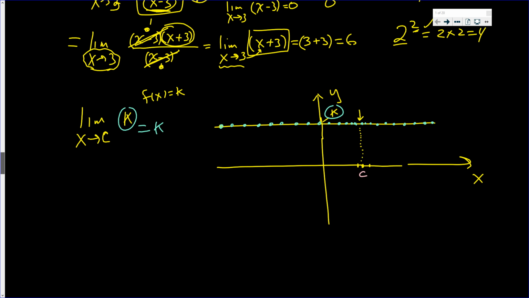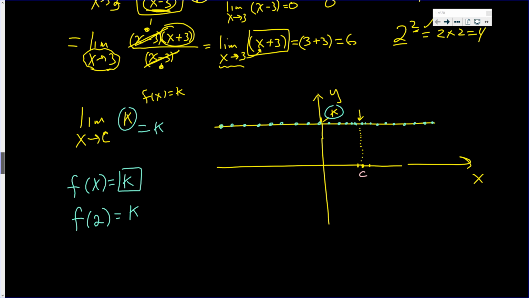K doesn't care what's happening to x. K is always k. For example, if I tell you that f of x is k, like 7 or 23 or pi, what would f of 2 be? Well, the rule is write this down exactly the way it is, and wherever you see x, plug in a 2.